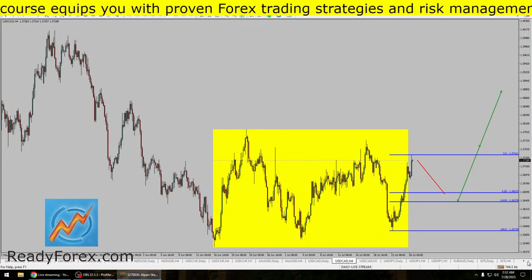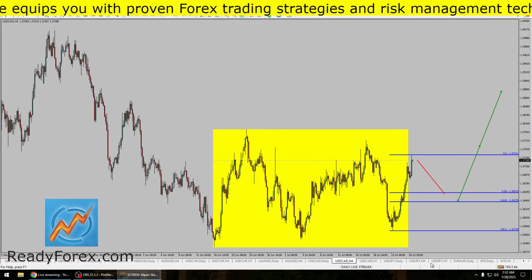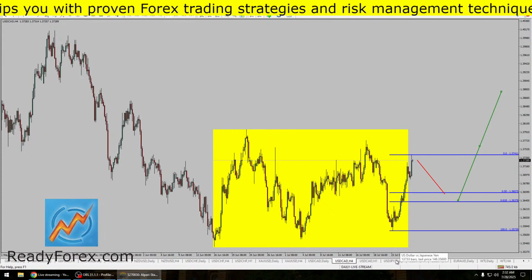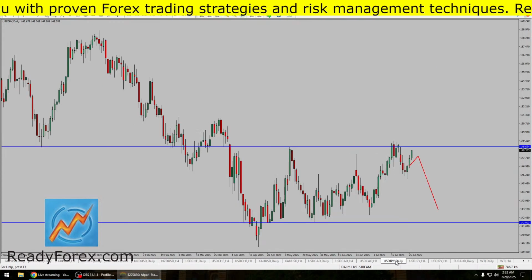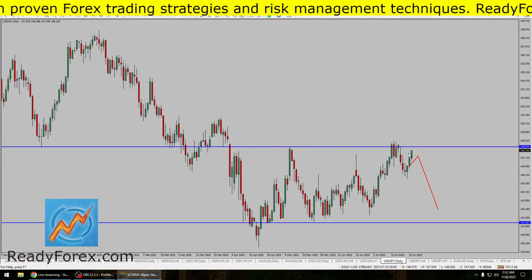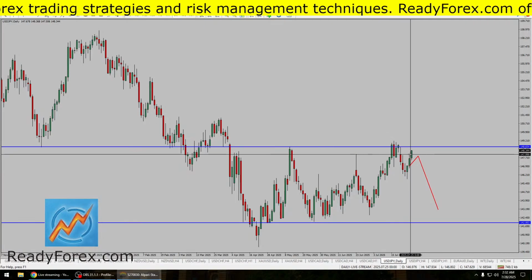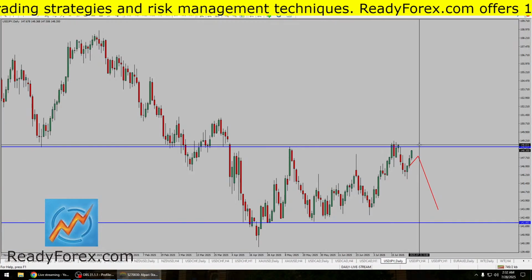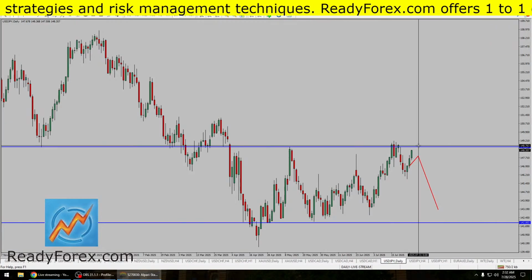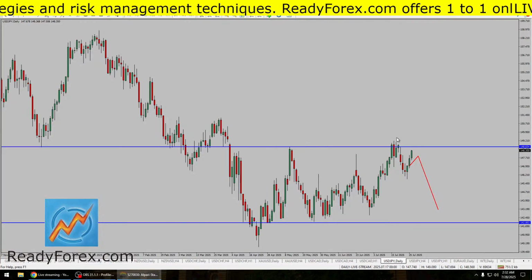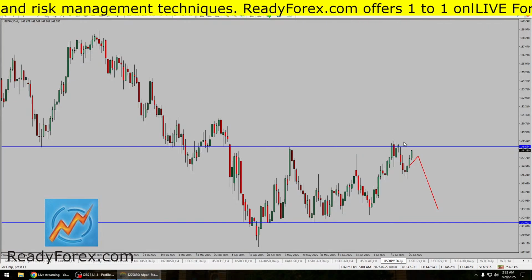Okay, next let us take a look at the US dollar yen currency pair, USDJPY daily time frame. USDJPY, we got the pullback, then a rise. Price action is moving up. It's possible that this whole thing could still print a new high.